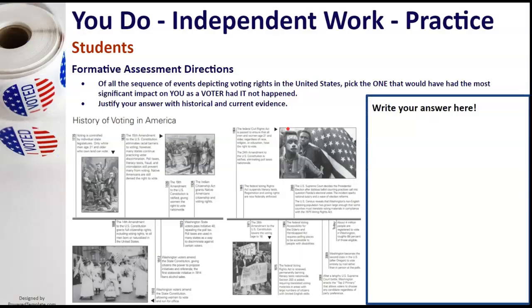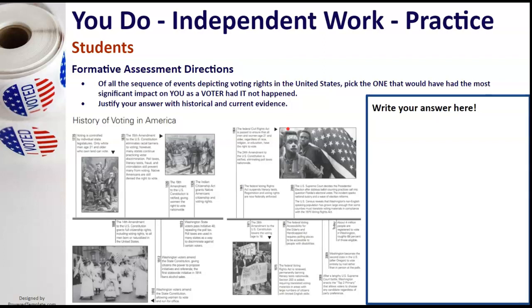One of the things that I want you to do as independent practice, I want you to think about how we've utilized this timeline from the I do, the we do, and now we're looking at it from the you do. So now independently, I want you to look at all the events in history from 1776 to the present, and I want you to think about which of these events, had it not happened, would have impacted you most as a voter.